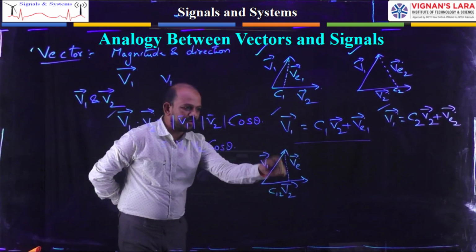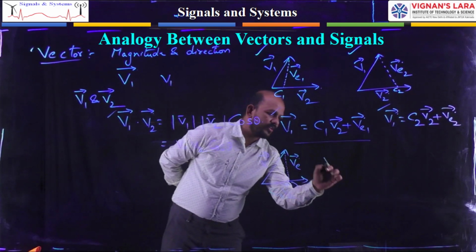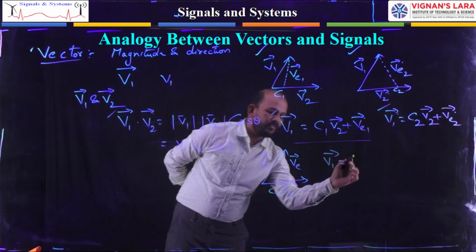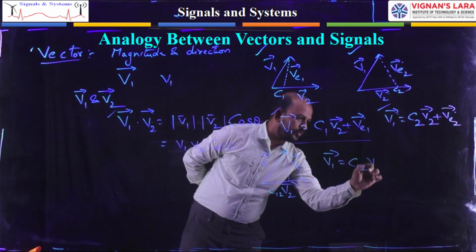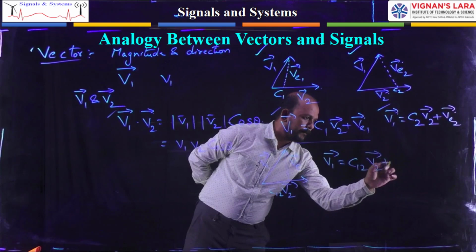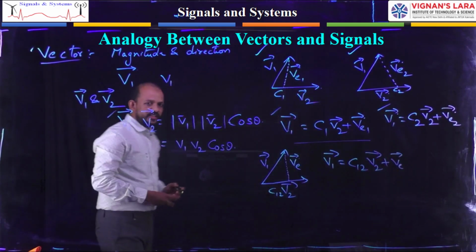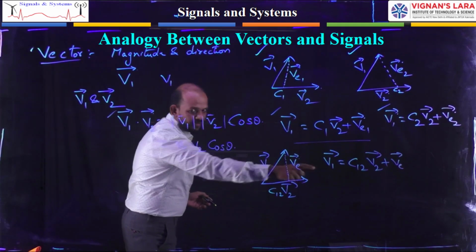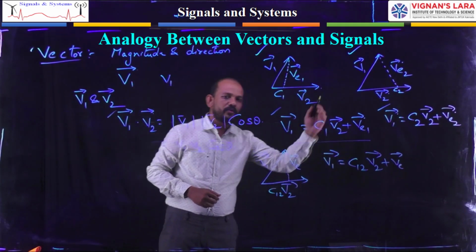Now from this diagram I can write the equation for the vector V1. The vector V1 will be equal to C12 V2 bar plus VE bar. So this is the equation for representing vector V1 in terms of the vector V2.